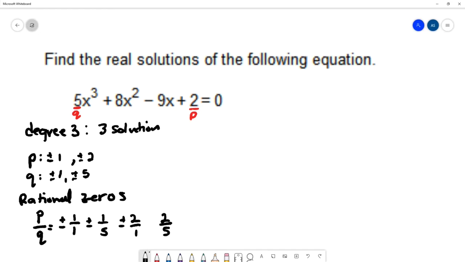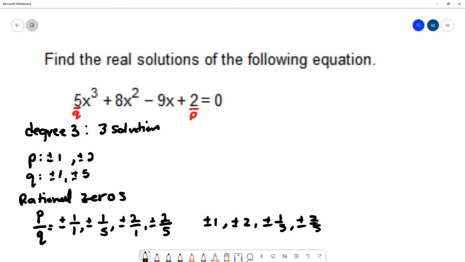And these can all be plus or minus. So simplifying those, we have plus and minus 1, plus and minus 2, plus and minus 1/5, and plus and minus 2/5. So those are the possible rational solutions to this polynomial equation.